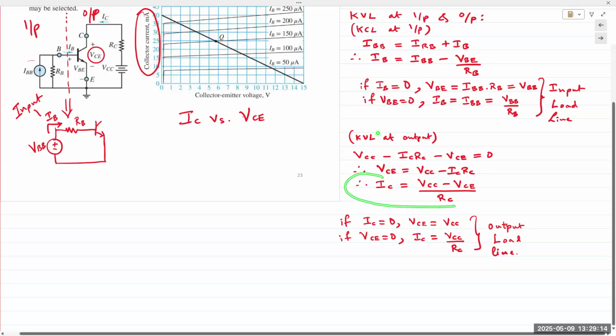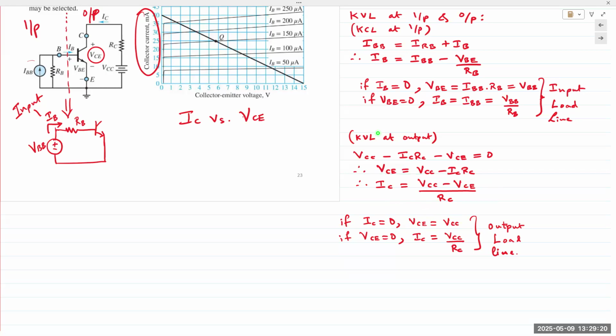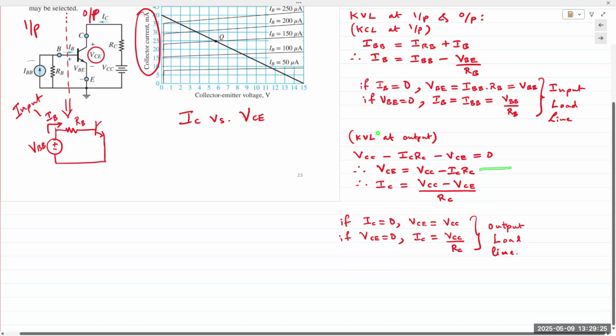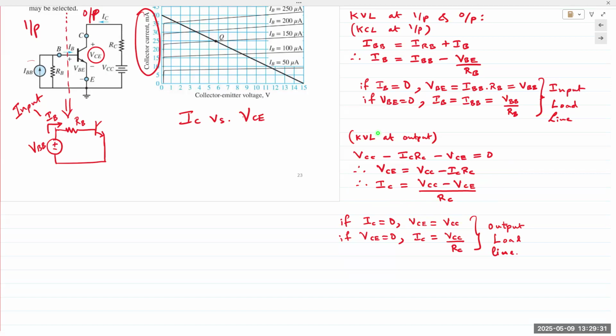And therefore, collector current IC can be written as VCC minus VCE over RC. Keep this equation in mind. This explains how and why the output of an amplifier is inverted.